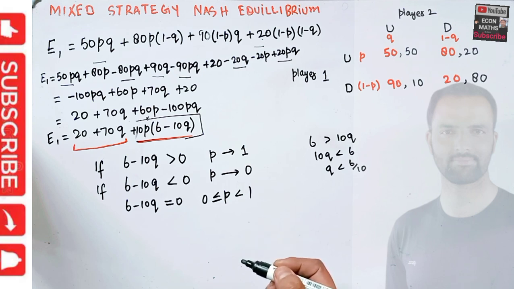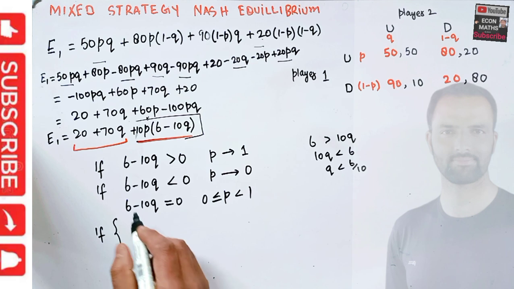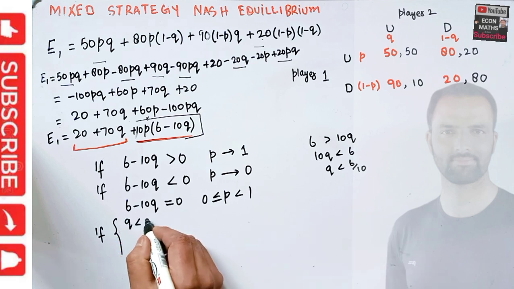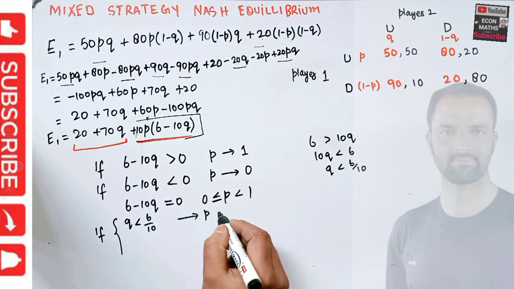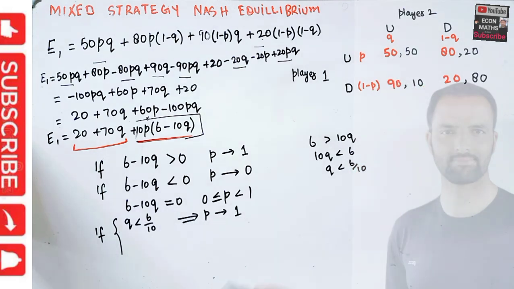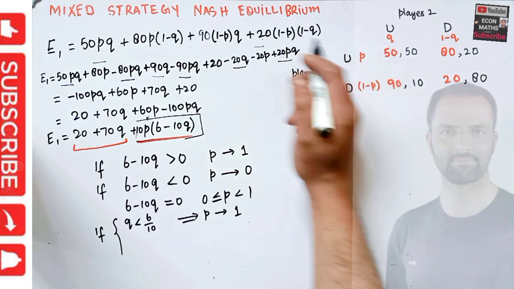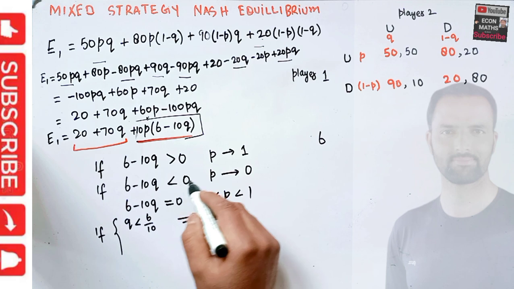So I can write, if q is less than 6 by 10, player 1 will choose P with certainty. He will choose P with probability 1.